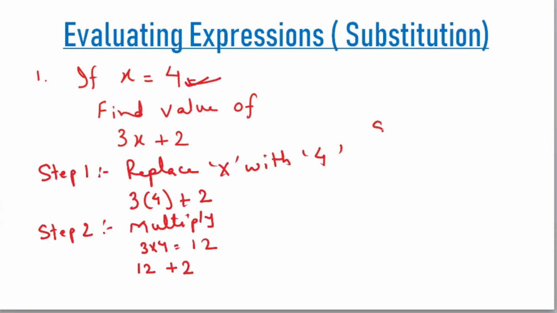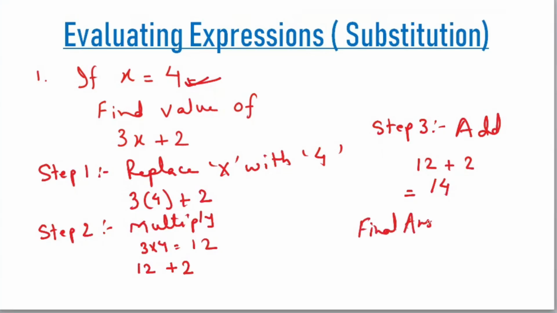And step number 3 is we have to add. 12 plus 2 equals 14. So our final answer is 14. Understand how we solve this one? In the first step, what did we do?